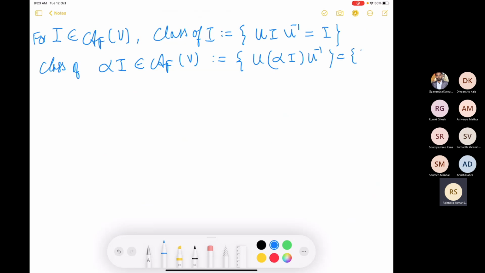And this happens for every alpha in F. So in particular, when alpha is 0, that was the class of 0. And when alpha is equal to 1, the class of I is I. And that happens actually for every scalar matrix: the equivalence class of alpha I consists of only one element, namely alpha I itself.